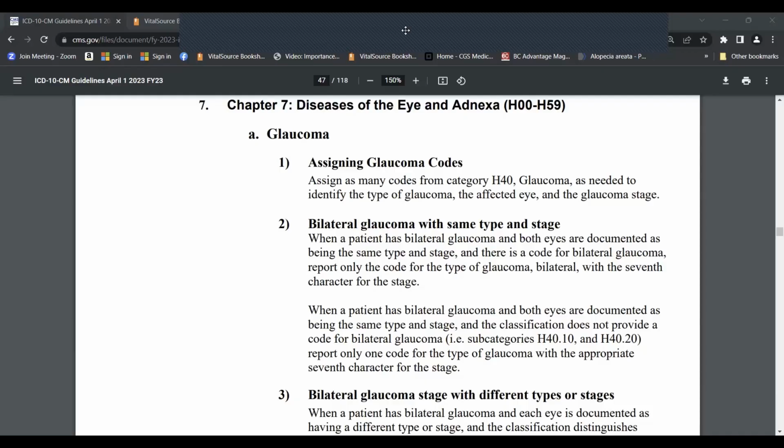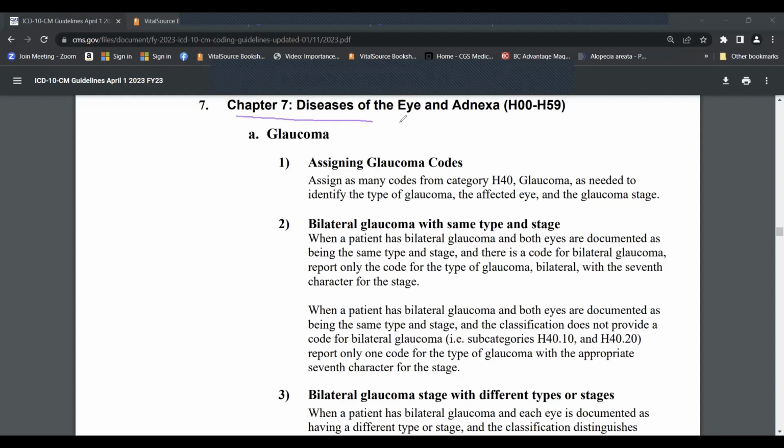Okay, so now we are reviewing the coding guidelines. And you can see here that it's Chapter 7 guidelines. Now, Chapter 7 guidelines are H00 through H59. So again, if you're going to review the eye tonight, the guidelines of the eye, why not also review the medical terminology for the eye?